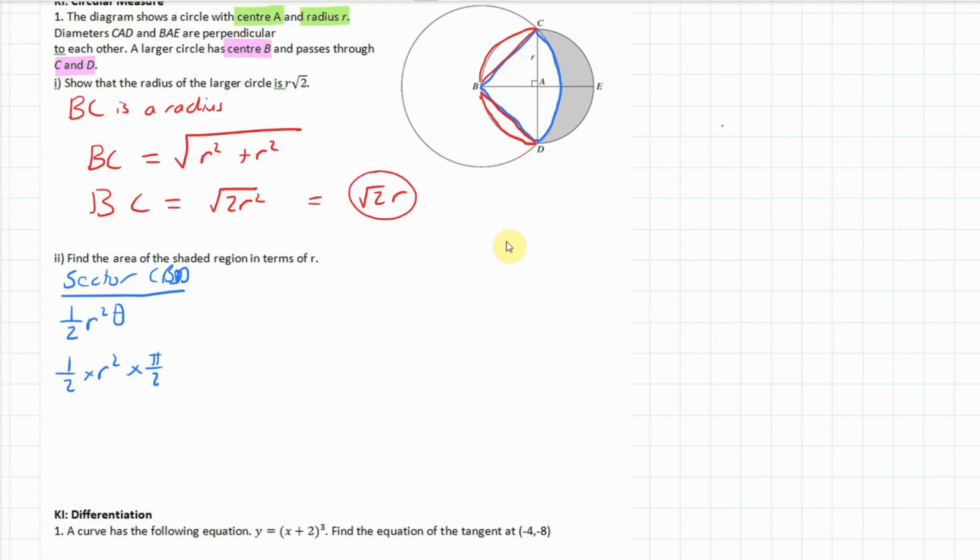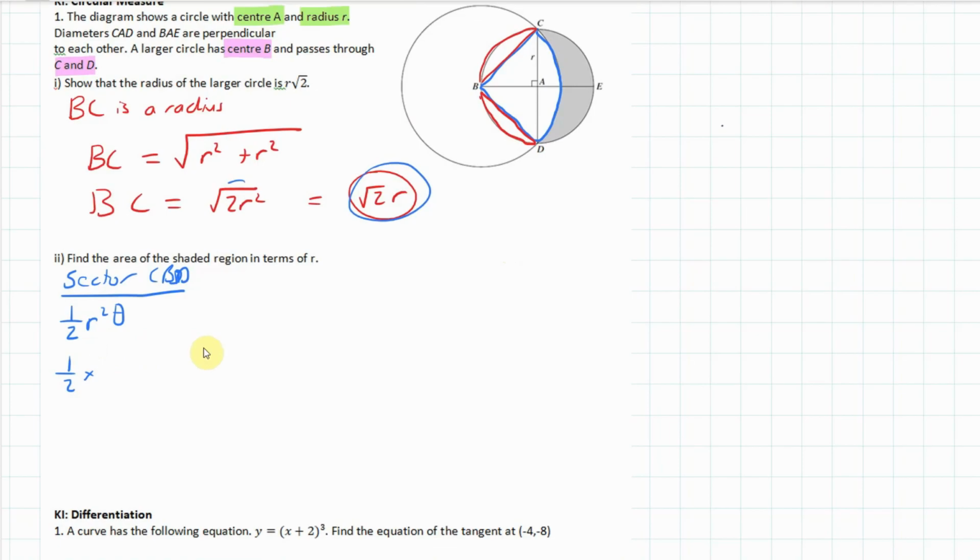Now r squared for this one, what is the radius of this angle? BC. It's not r, because remember we found that the radius BC is actually square root 2 r. So now I'm going to insert that here. I've really made a muck up of this, haven't I? Just delete that.